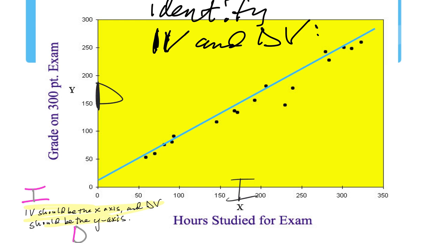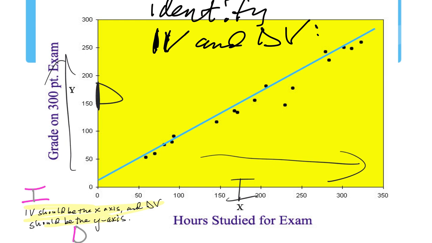So what does this graph show? Interpret this graph. Well, the more hours I spent studying for the exam, the higher the grade I got on it. People got on it, not just me.